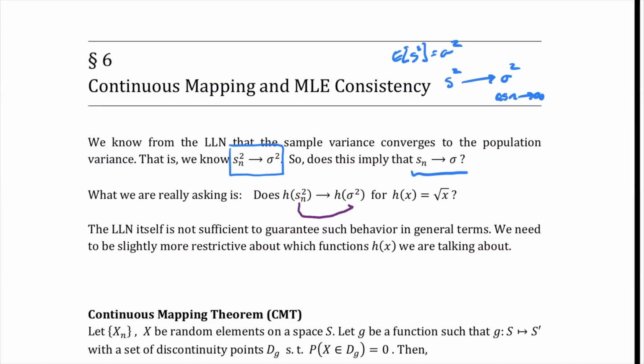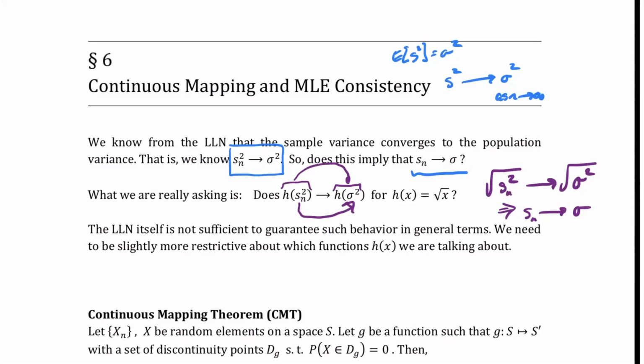So this thing is converging to this thing. Does this whole thing converge to this whole thing? Essentially, we're taking the square root. So does the square root of s squared converge to the square root of sigma squared? And that would imply that S_n converges to sigma. Here I have S_n, so we know it's the sample variance depending on n.